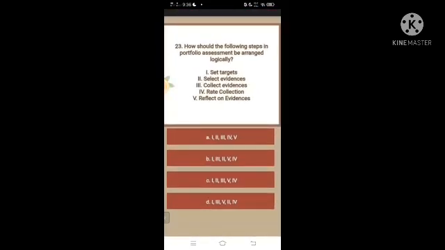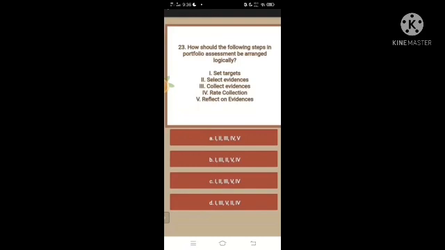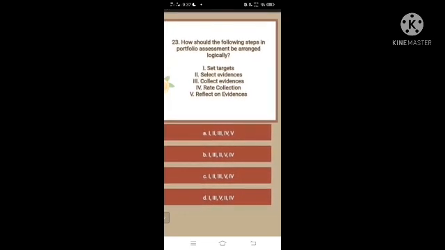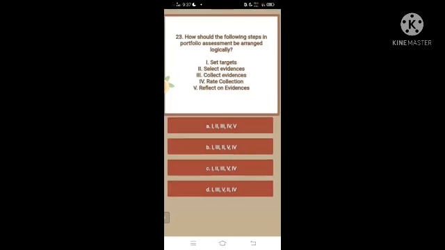Select the evidences that you will put inside of the portfolio, then collect the evidences, and reflect on the evidences that you collected. And then the last one is to rate the collection you gathered.